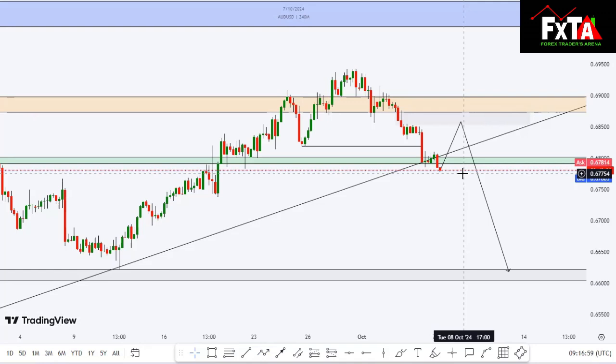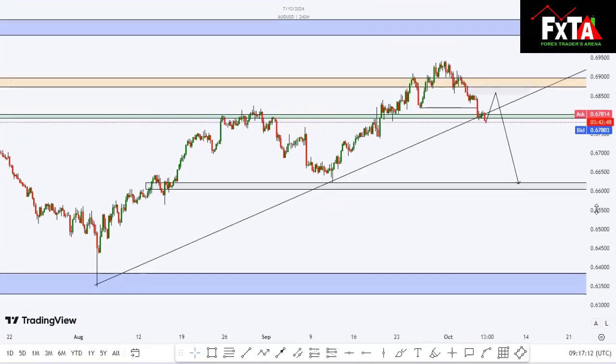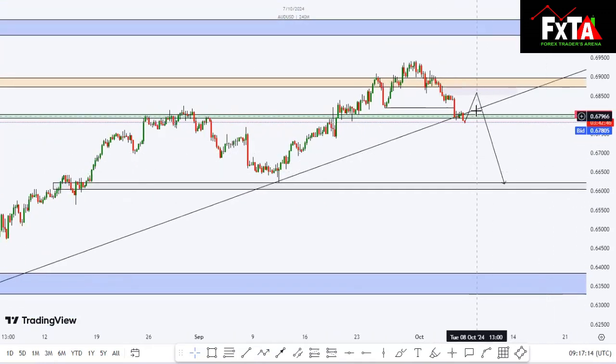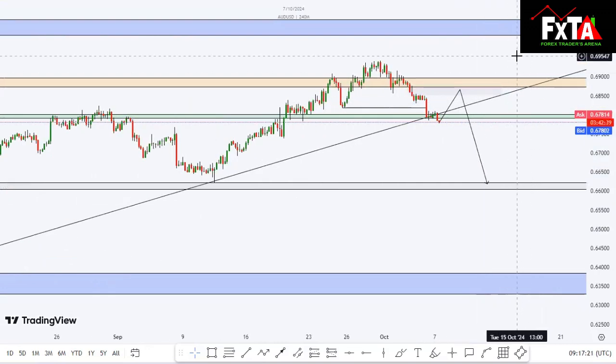When I see these candlesticks print at the zone that price is expected to retrace from, then I will take the trade. So this is my outlook on AUD/USD. We are expecting sells to happen at either this zone here or this zone. So we will wait for it and see what happens.